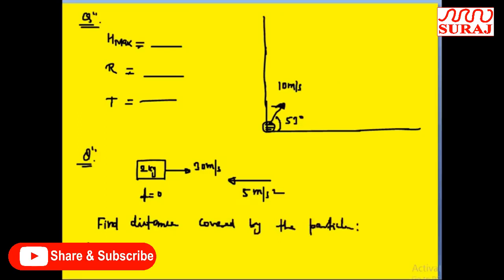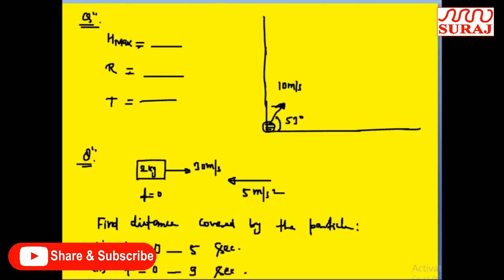Suppose you have a particle or block of mass 2 kilogram at p equals to 0. It starts with 30 meter per second speed under a retardation of 5 meter per second square.